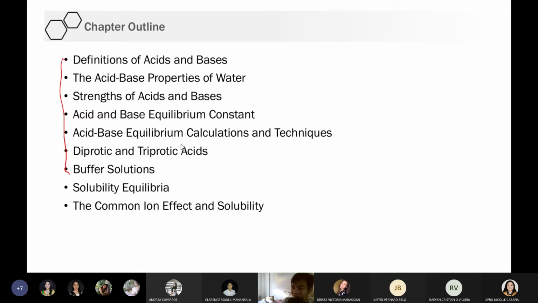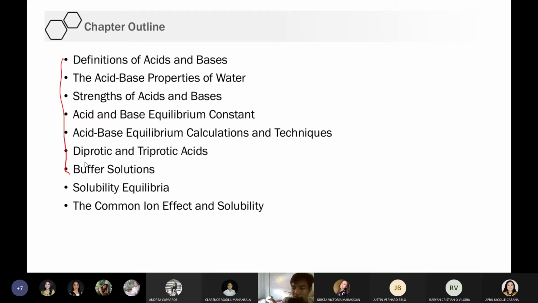And then also, depending on the number of hydrogens our acids can give off, we can have diprotic and triprotic acid. So kapag diprotic acid, dalawang H yung bibigay niya. Pag triprotic, tatlong H ang ibibigay niya. Take note that when these acids dissociate, they do it stepwise. So, isa-isa yung pagtanggal ng H. Let's say for sulfuric acid, dalawa yung dissociation niyan.